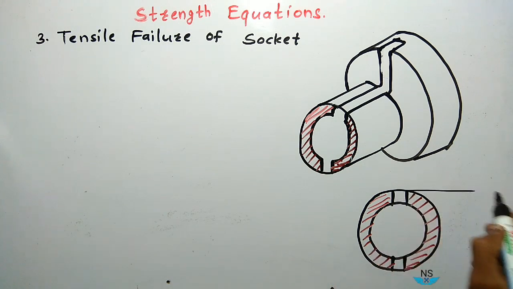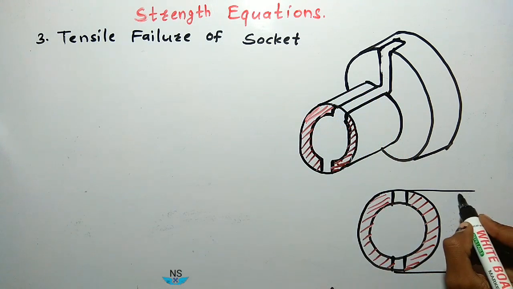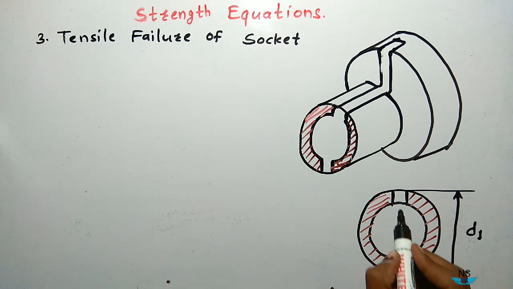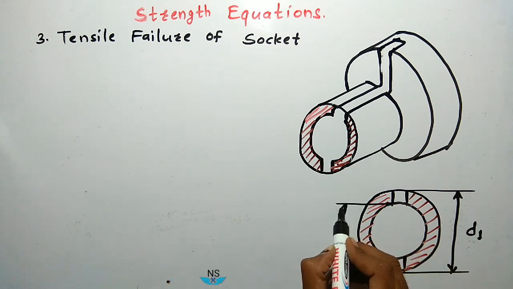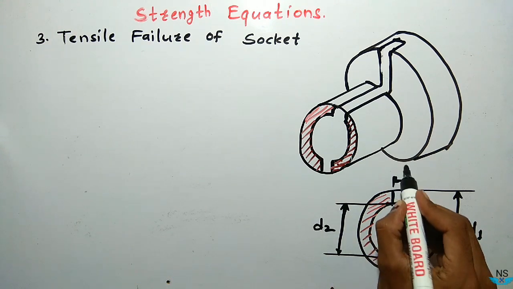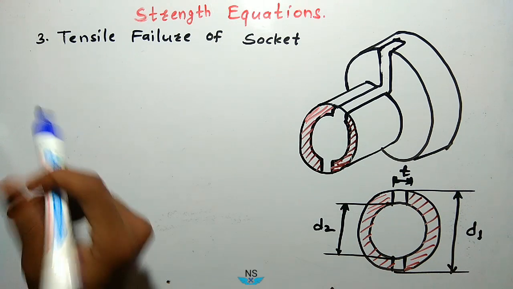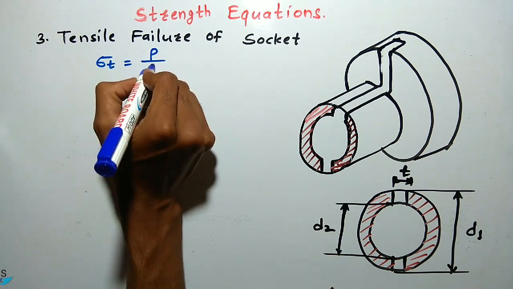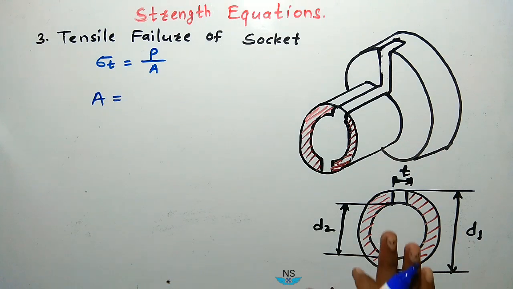In the notation we have seen, the outside diameter of socket is d1. Then inside diameter of socket or diameter of spigot is d2 and this thickness of quarter is t. Now this is tensile failure. So sigma t is equal to P divided by A. What is area of failure A?